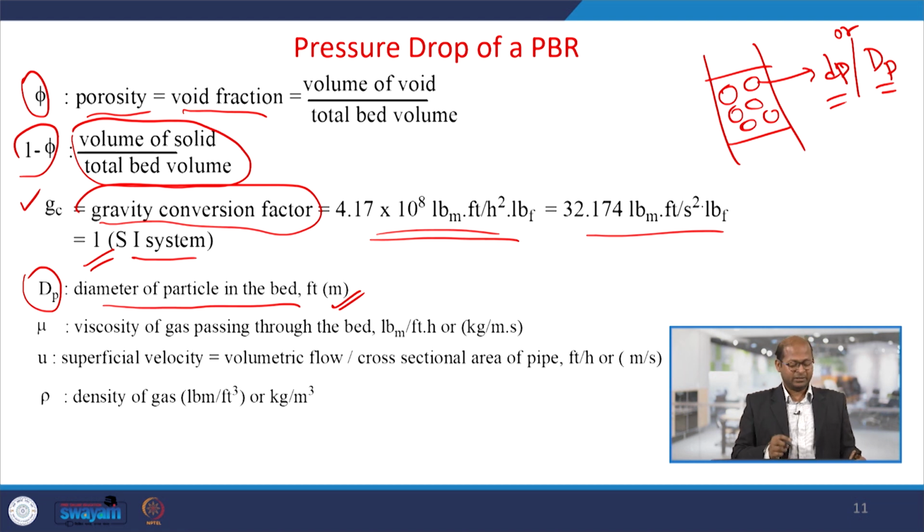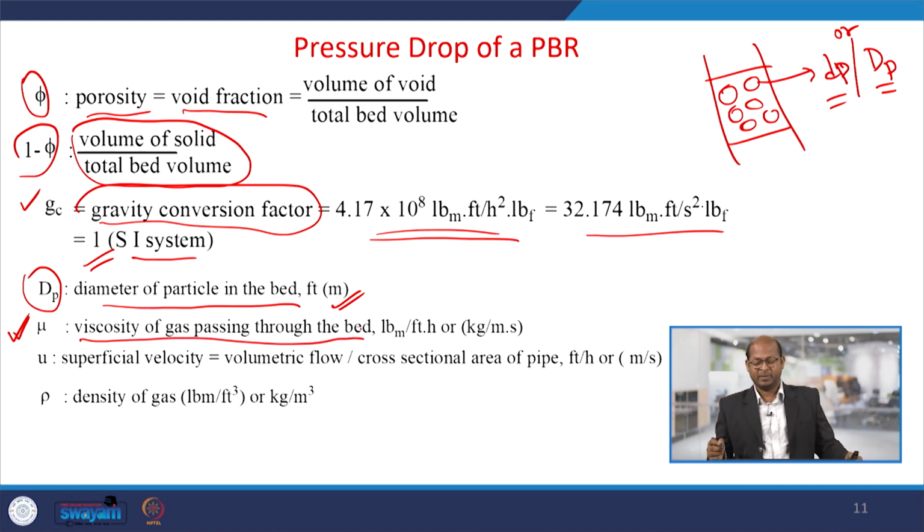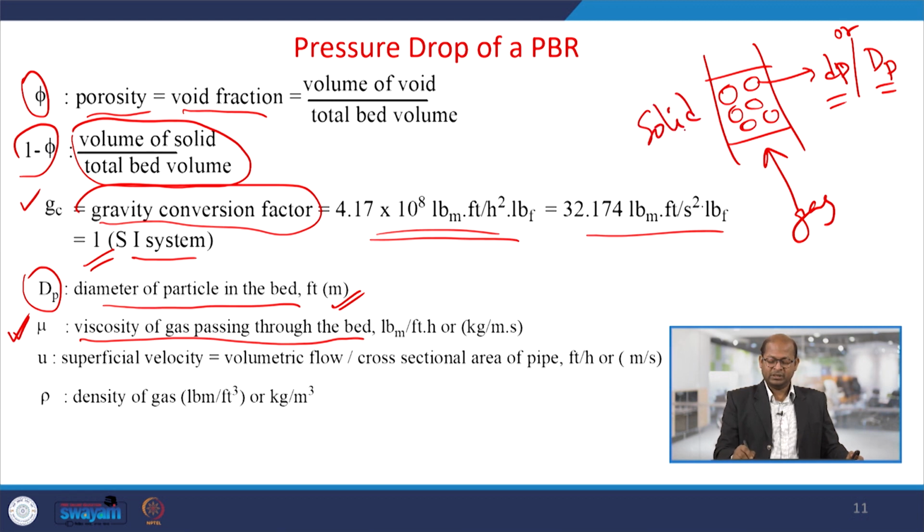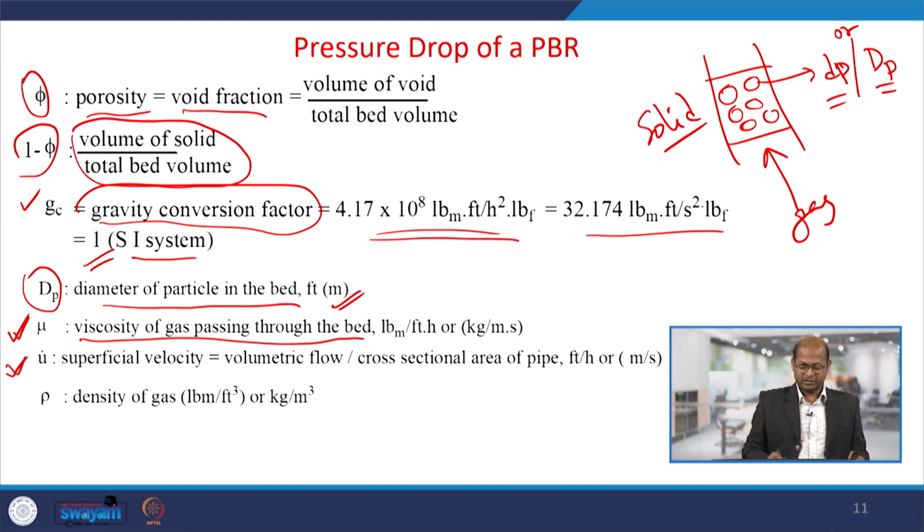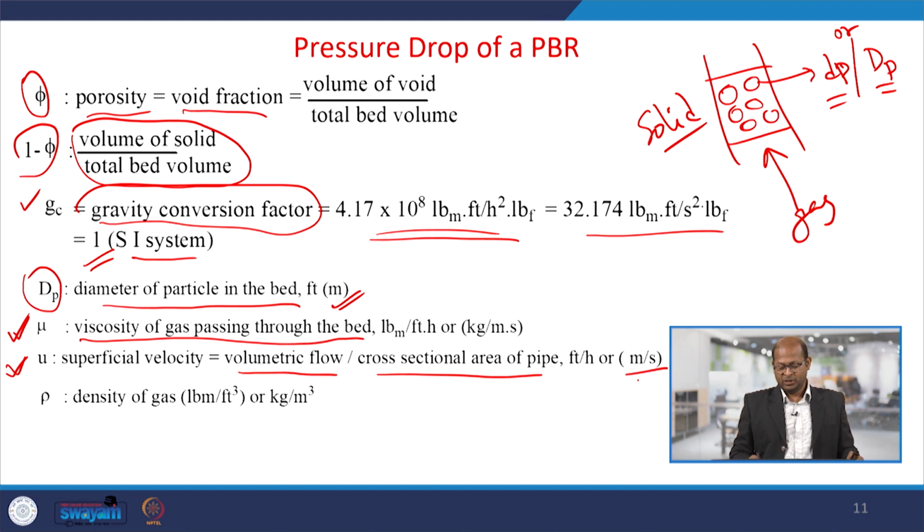Mu is the viscosity of the gas or reactant passing through the reactor, and u is the superficial velocity, the volumetric flow rate per cross-sectional area of the pipe. We should know the superficial velocity of this gas before starting the reactions, and rho is the density of the gas.